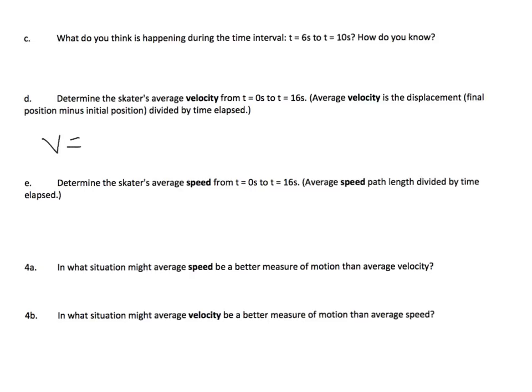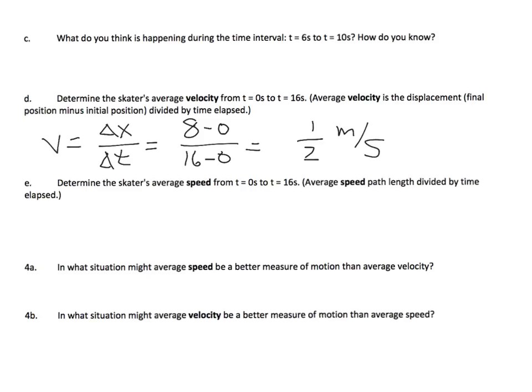So we've got velocity is our delta x over our delta t, or it's better to use those in terms of the physics terms, our change in position over change in time. Final position minus initial position, we end at 8. We started at 0. We end at 16 seconds. We start at 0. 8 over 16, we've got 1 over 2. It is meters per second.